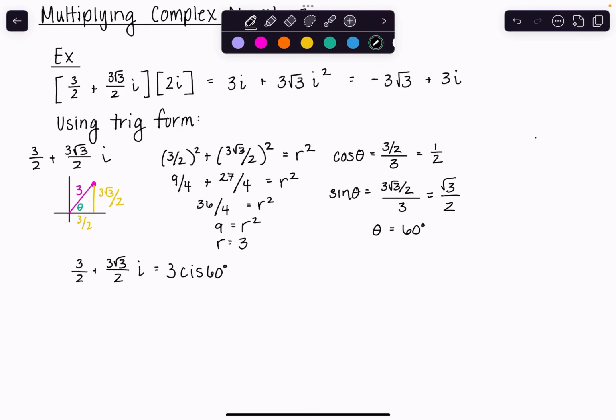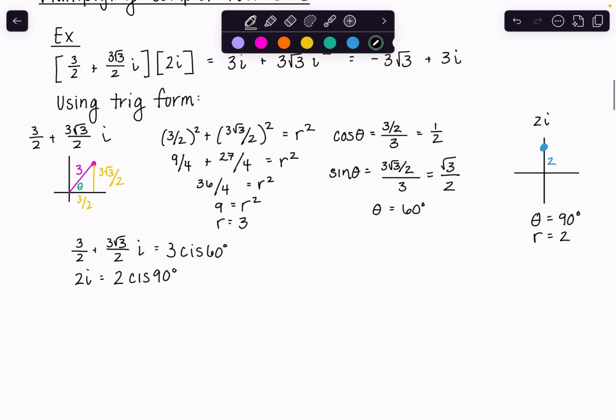If I look at 2i, my imaginary component is 2. So from this, our theta value is going to be 90 degrees, and our r value is just the distance out to that point. So 2i in complex form is going to be 2 cis 90 degrees, okay?